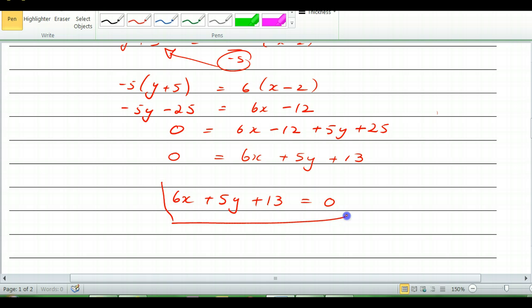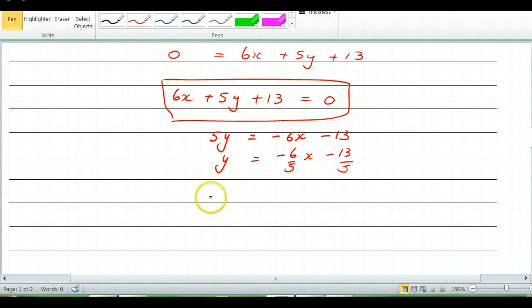That's one form of the equation of the straight line that passes through the 2 points we've been given. Or you can rearrange that by expressing it in this form. 5y equals negative 6x take 13, or y equals negative 6 on 5 x take 13 on 5, which is a bit messy.